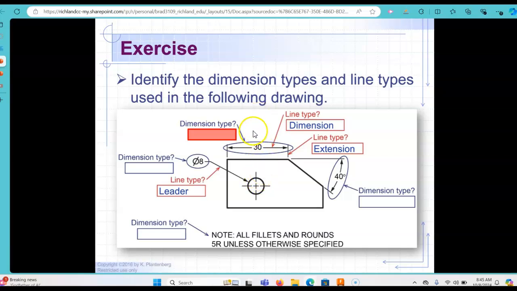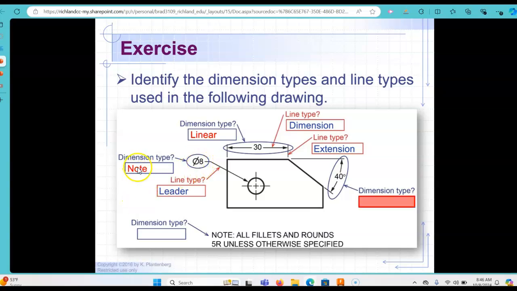Let's go and talk about the actual dimension types. So here we have, what type of dimension is this? As we go through, we know that that is a linear dimension. Coming down here, what is this type of dimension? Notice it's calling out a diameter. That's a symbol for a diameter, and it's given a size.